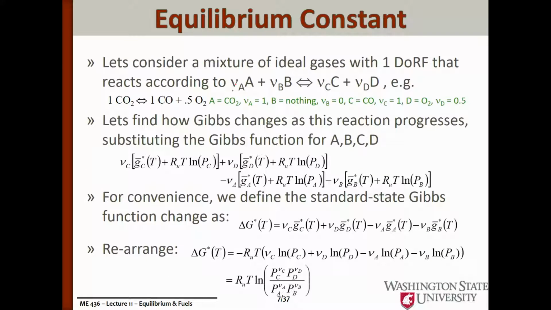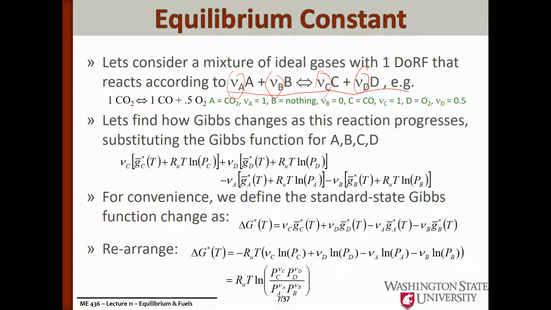So let's start with sort of an idealized reaction where we have two reactants, A and B, and two products, C and D. Now these VA, VB, VC, VD, these are stoichiometric coefficients. These are the pre-multipliers that we're looking at.